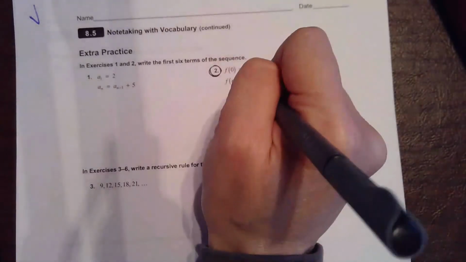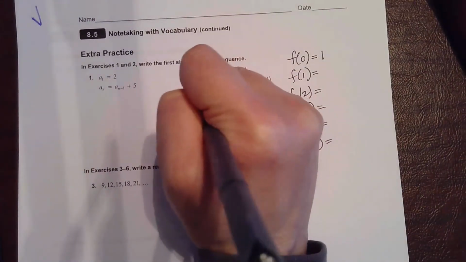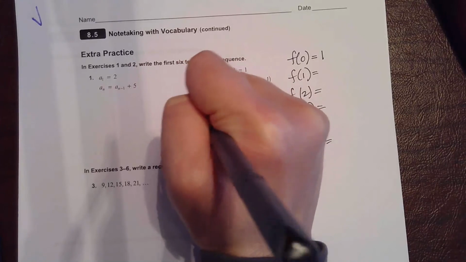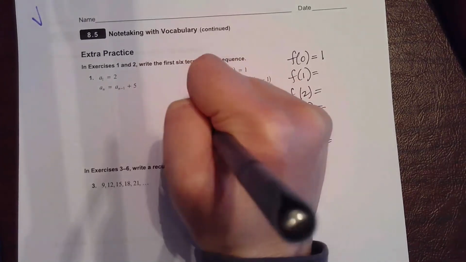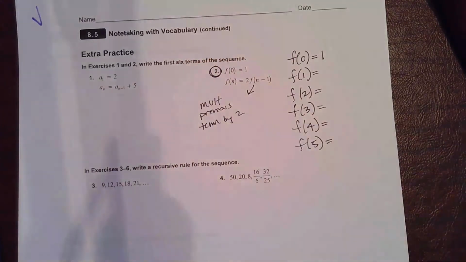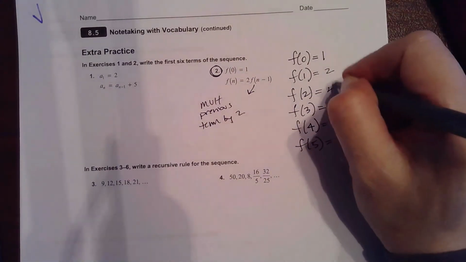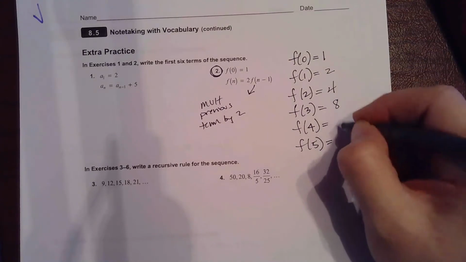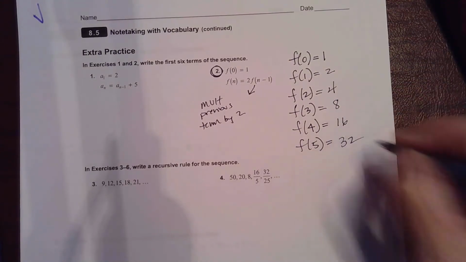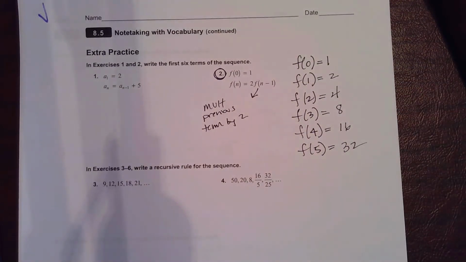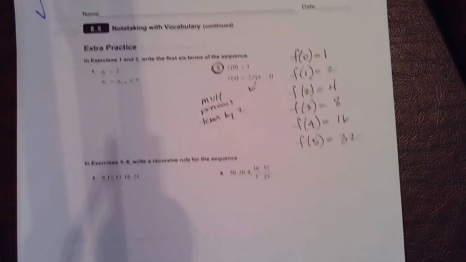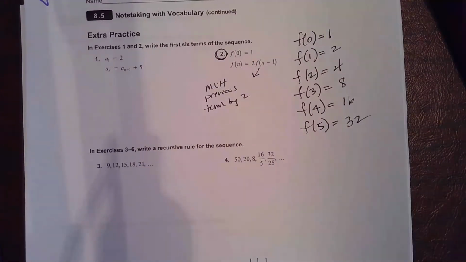In words, this means multiply the previous term by 2. That's ultimately what you're doing, and then you can generate your pattern. It's just a new way of looking at how we can write this pattern.